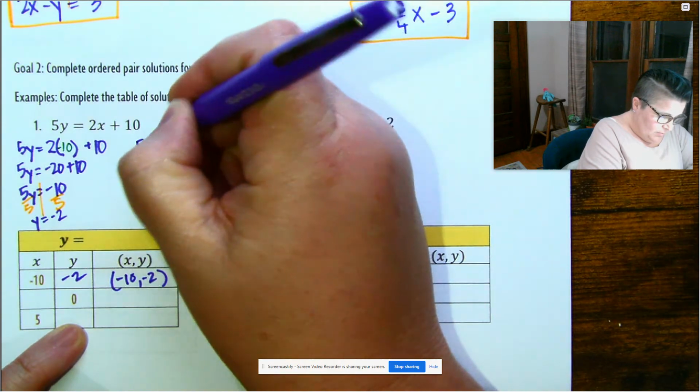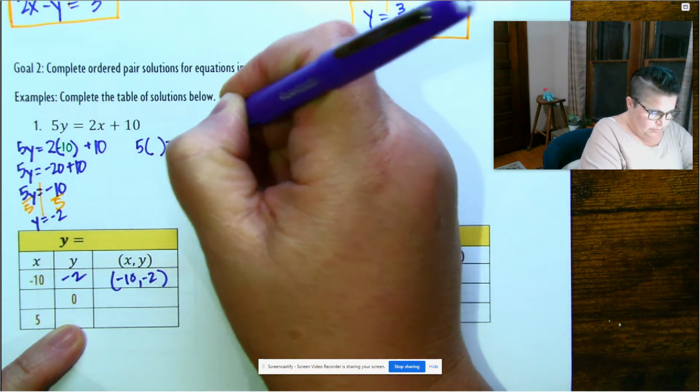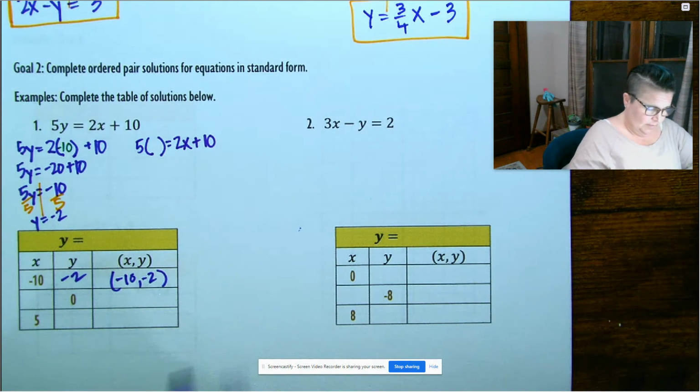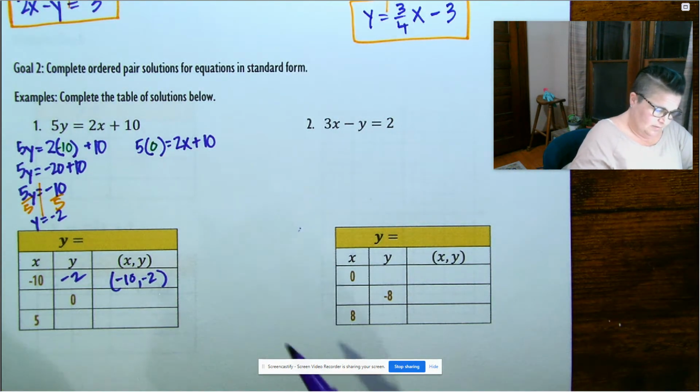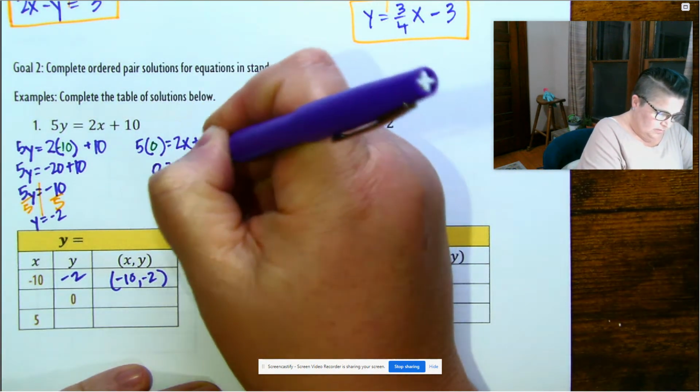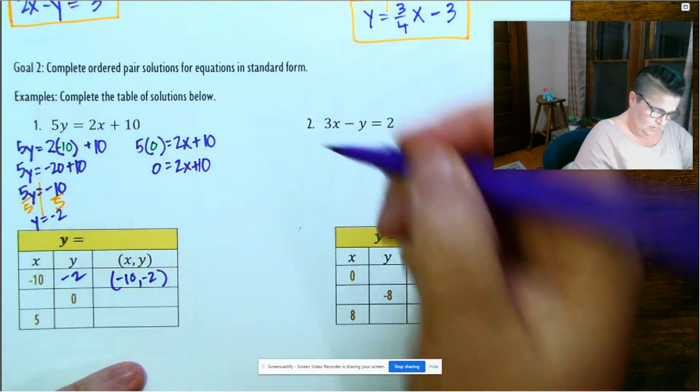So now I'm going to put the 0 in for the y, and that's going to be 2x plus 10. If I put 0 in for that y, that gives me 0 is 2x plus 10.